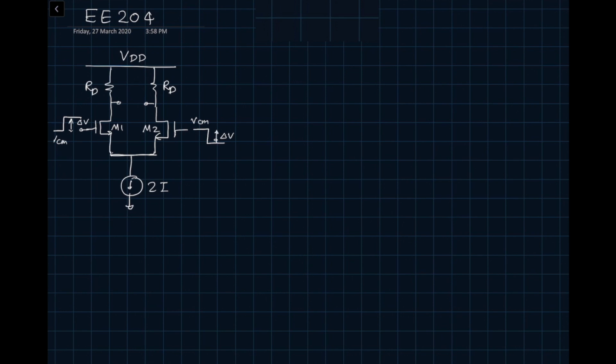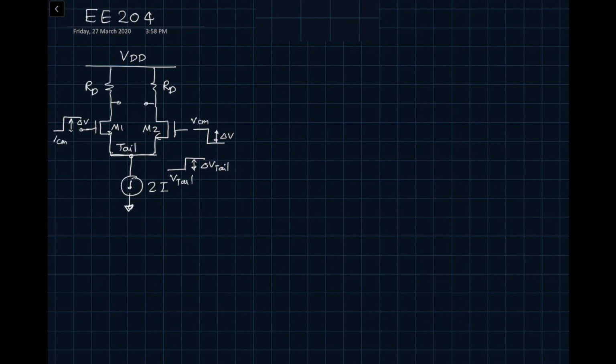Let's call this node the tail. As I said, this 2I is called the tail current source. For the tail node, we don't know right now what it will do. Let's say originally it was sitting at V tail, and let's say it moves up by delta V tail. We don't know if it will or not, but let's just assume for the beginning that it moves up by delta V tail.